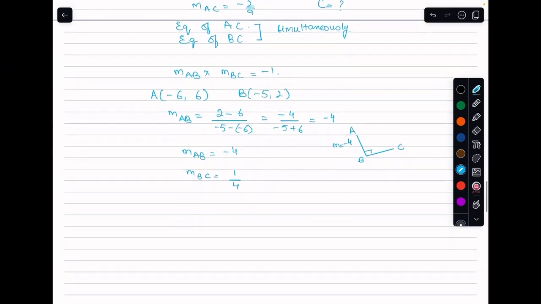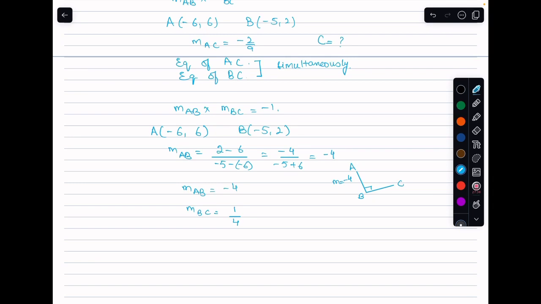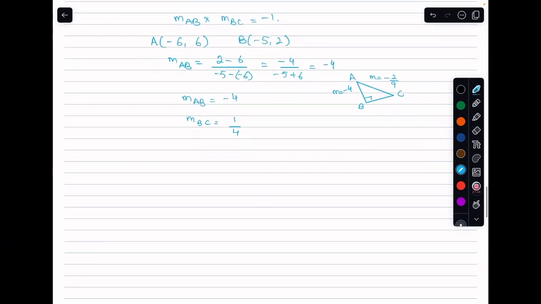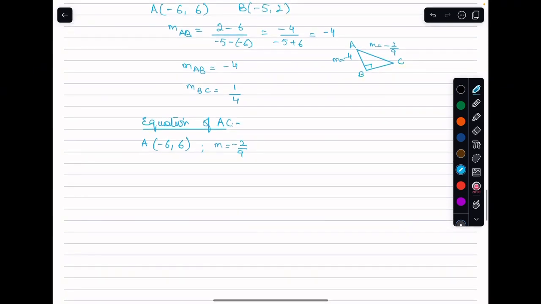Now, to get the equation of AC and equation of BC, for AC, the question has given us the gradient, and this gradient was -2 by 9. For the equation of AC, I have the A coordinates, which are -6 and 6. The gradient value is also given. It's -2 by 9. I know that the equation is y minus y1 equals gradient times x minus x1.